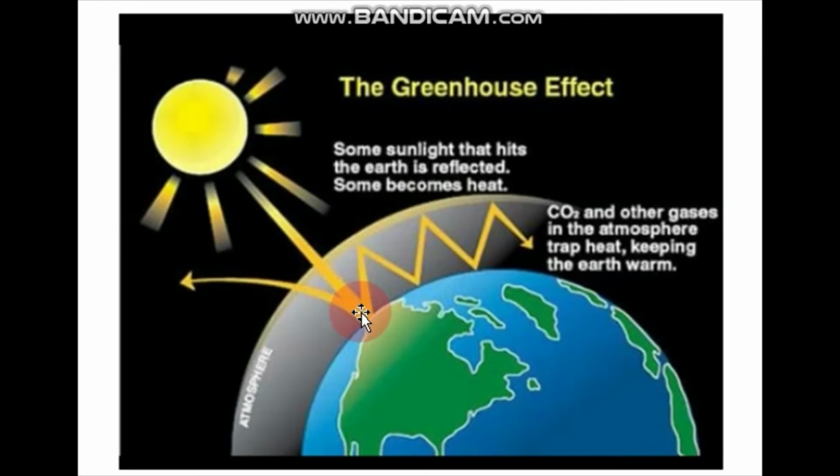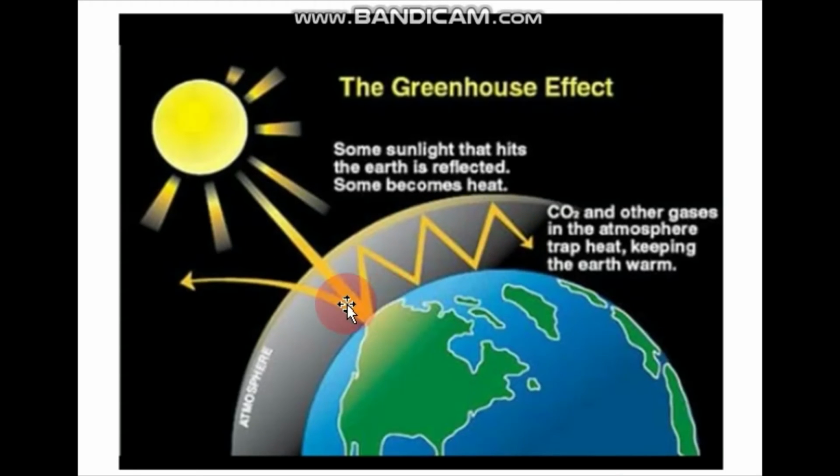Apart from carbon dioxide, which is found within this space, we have some other gases which we refer to as the greenhouse gases. And what do they do? They are able to trap heat, therefore keeping the earth warm. Now when the sun's rays hit the surface of the earth, some are reflected back into space, and then the rest are trapped to give us that heat.